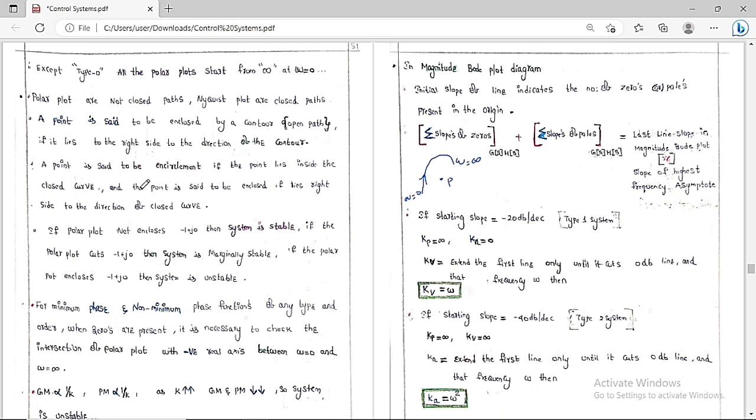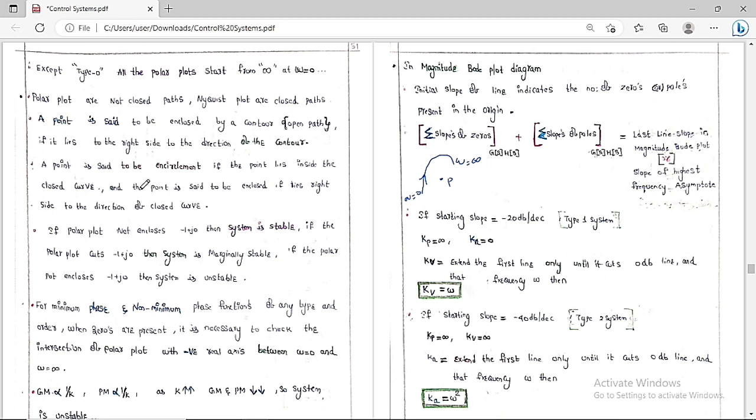So finally I can say if the polar plot does not enclose the -1 plus j0, then the system is stable, which means the gain crossover frequency is lesser than the phase crossover frequency, and the gain margin is positive, and the phase margin is also positive. If the polar plot cuts the -1 plus j0, then the system is marginally stable: the gain crossover frequency is equal to the phase crossover frequency, and the gain margin is equal to 0, and the phase margin is also equal to 0.